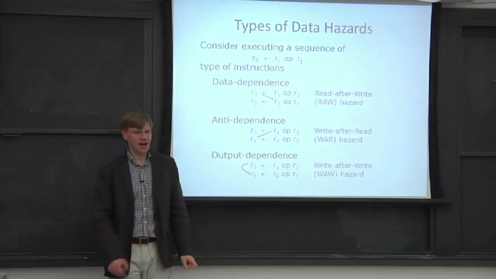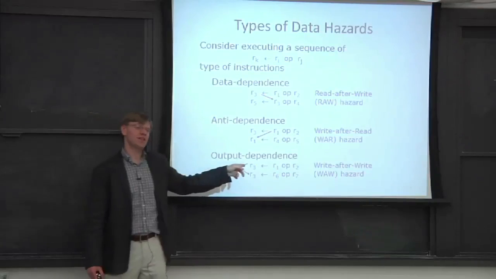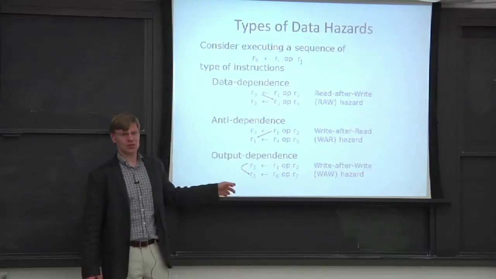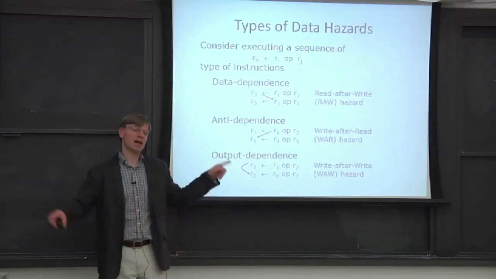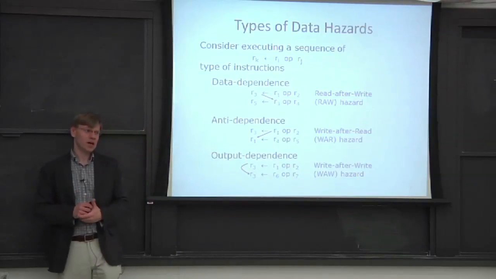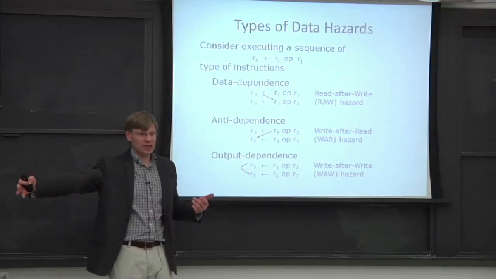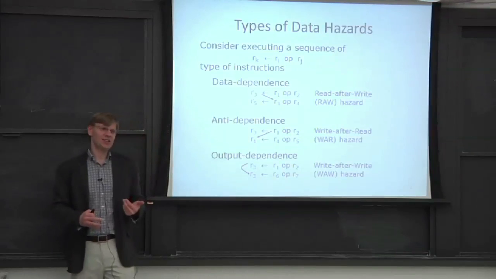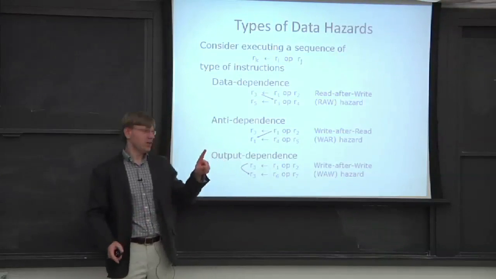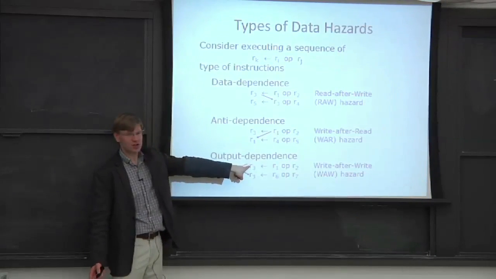OK, output dependencies. This is something that you could even think of happening on a simple in-order processor core if you write back to the register file from different stages. Let's take an example. If you have a multiplier, like in your lab, which is going to write at the end of the pipe and has a very high latency, and then you have an instruction like an add which tries to write to the register file early, you might actually write this instruction's result to register 3 before that instruction's result.